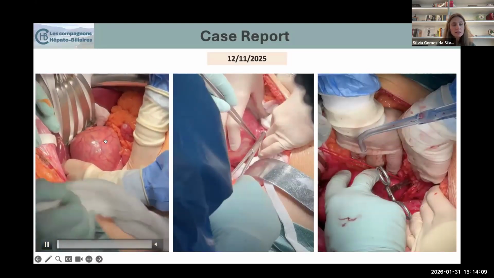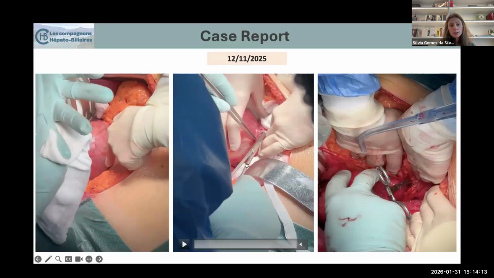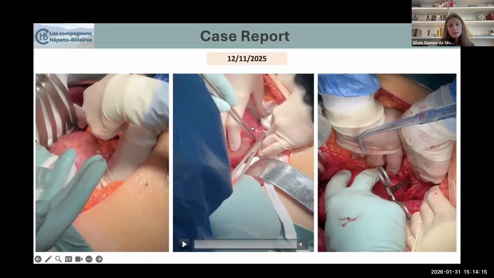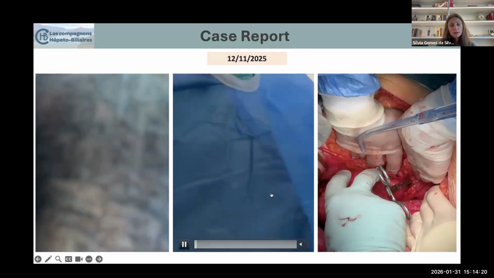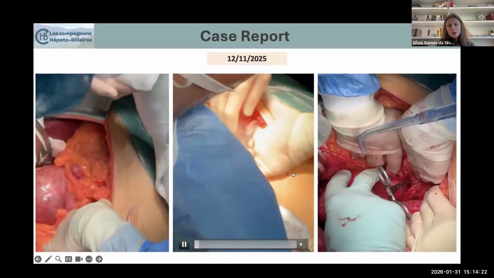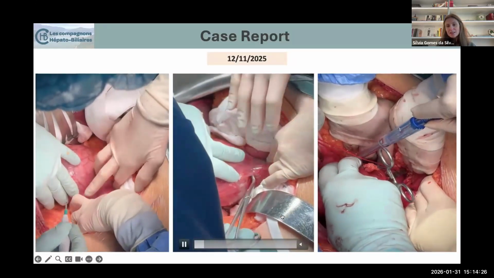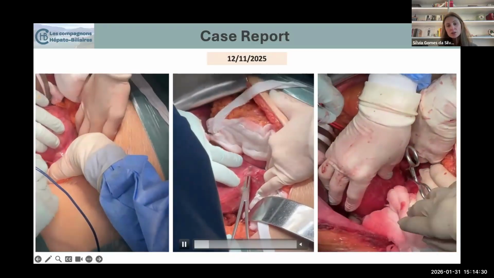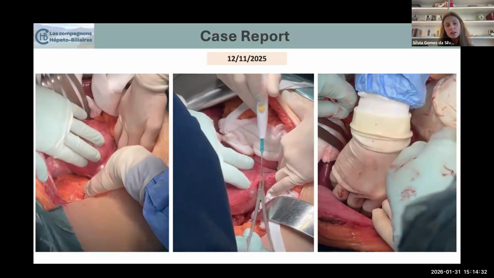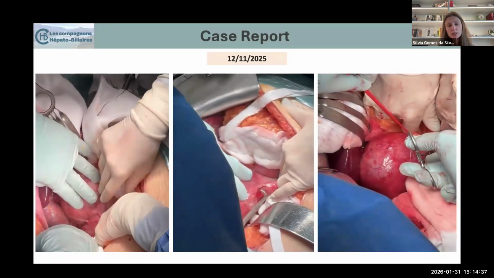We resect the aneurysm. Here we have the big mass, the big aneurysm. As you can see, the quality of the images is not so good, but I think you can see all the mobilization of the aneurysm from the gastric wall, from the hilum, from surrounding structures.